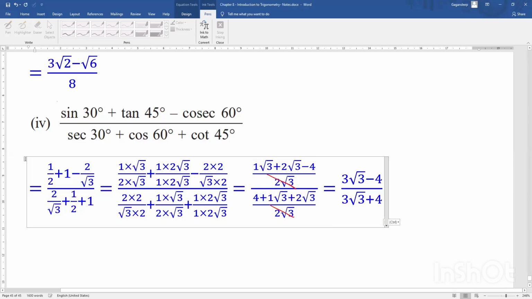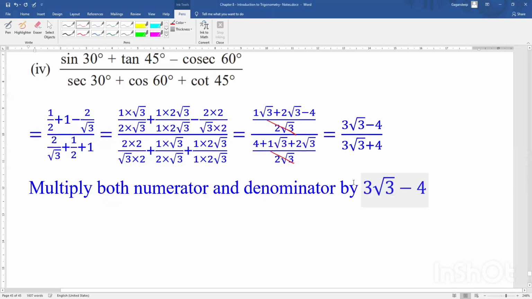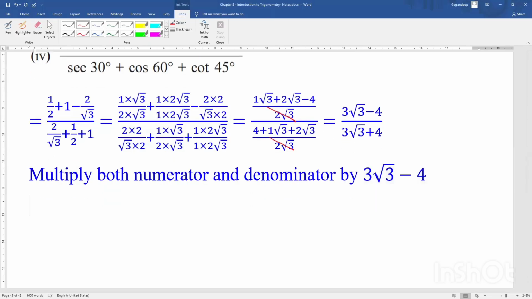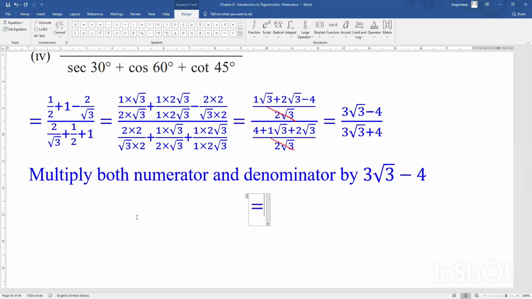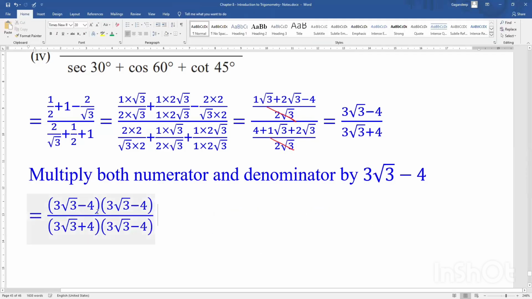In my next step, I'm going to multiply both numerator and denominator by 3 root 3 minus 4. So when we do that, we get 3 root 3 minus 4 into 3 root 3 minus 4 by 3 root 3 plus 4 into 3 root 3 minus 4.